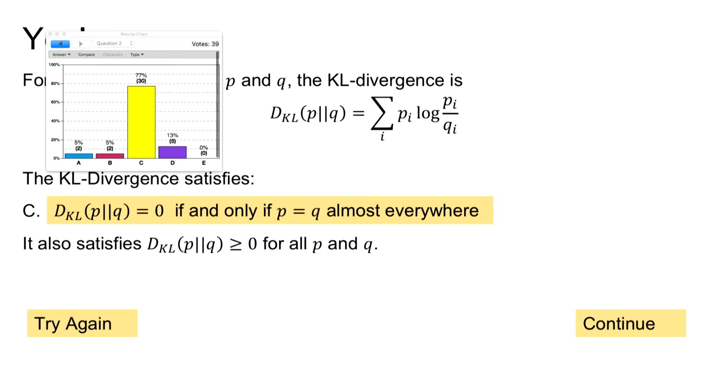So it's still a pre-metric, which means that the equality operation is transitive, which means you can group together different probability distributions that are equal to each other almost everywhere. And in that way, you can partition the set of distributions into equivalence classes. That's an important property. It's not as strong as a metric, but it's still pretty useful.